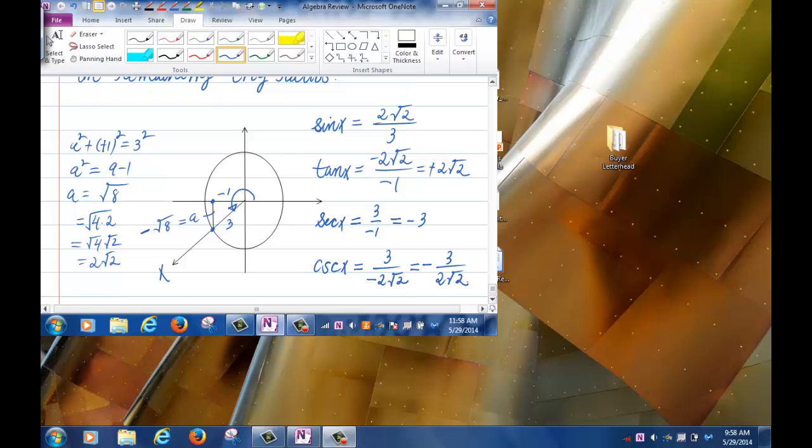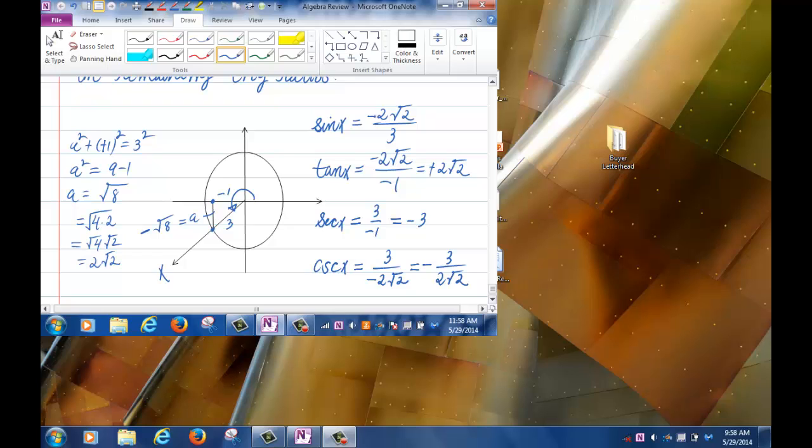Everybody's okay with that? So the sine is negative, right? Oh, the sign was negative, yes. Generally, in the first quadrant, if you have an angle in the first quadrant, then all the trig values are positive.